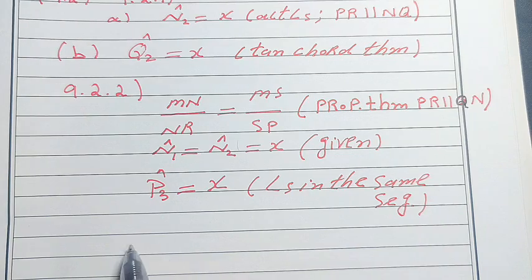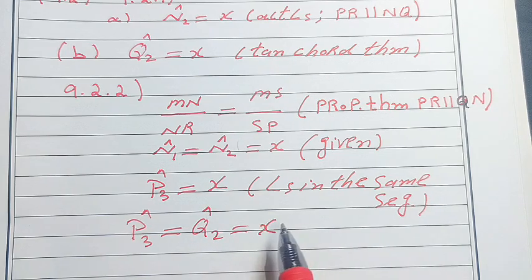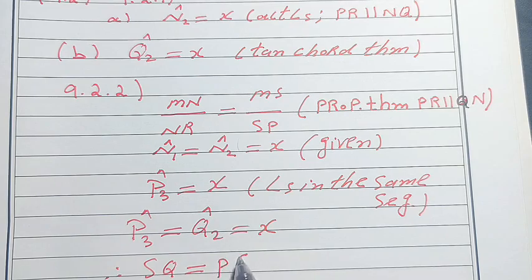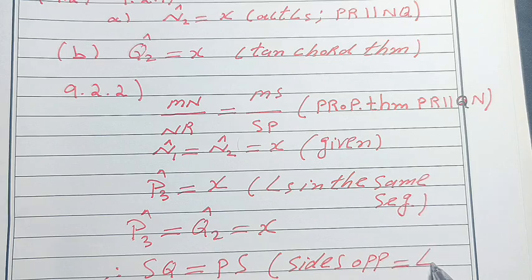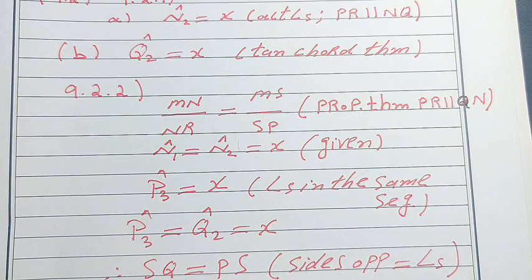Now angle P3 is equal to angle Q2, both equal to x. Therefore SQ, or QS, same thing, is equal to PS. The reason is sides opposite equal angles, or equal angles opposite sides, because it is an isosceles triangle.